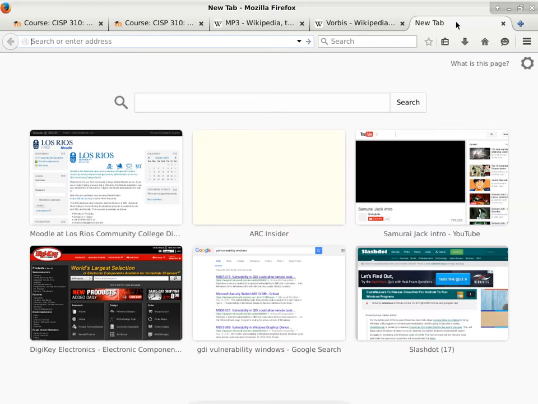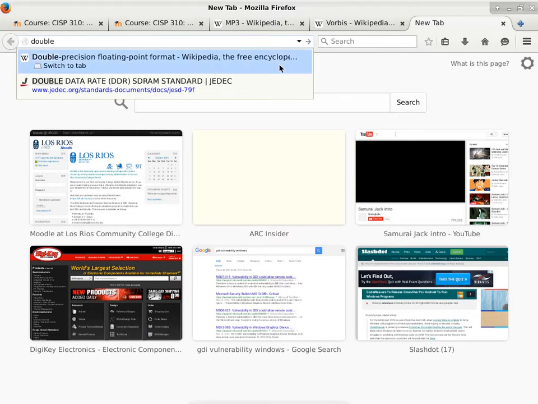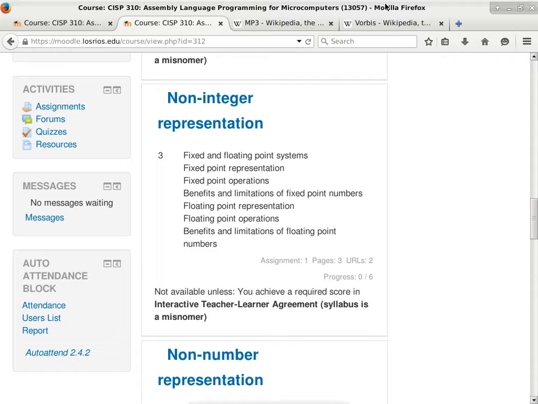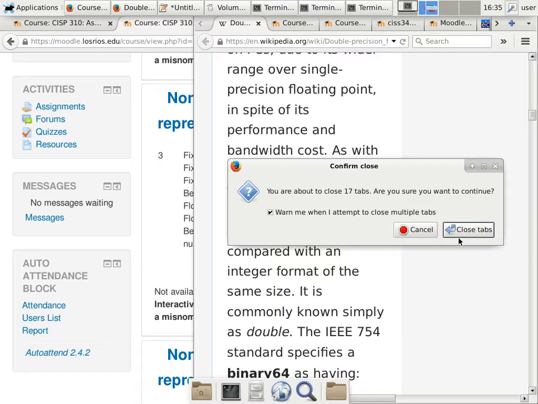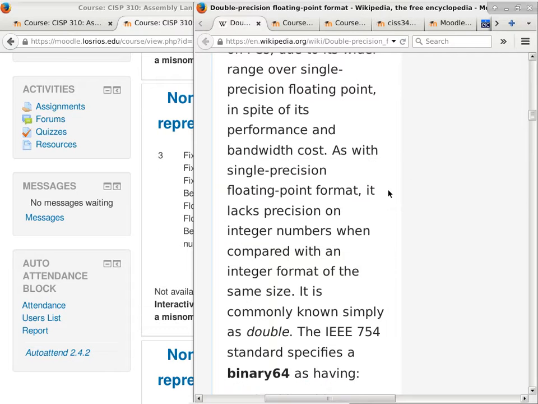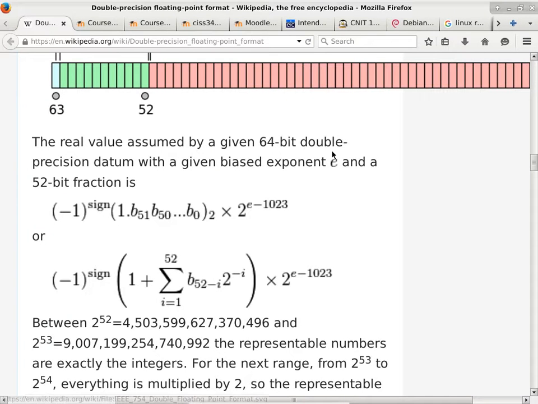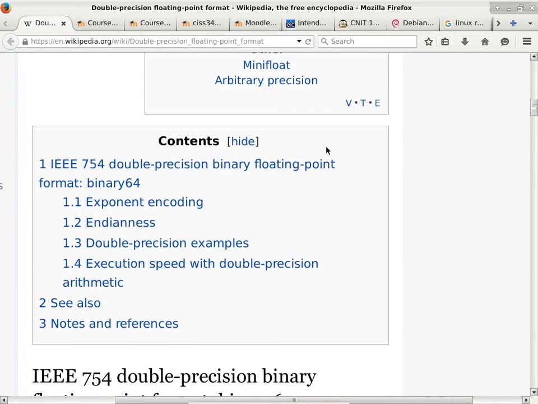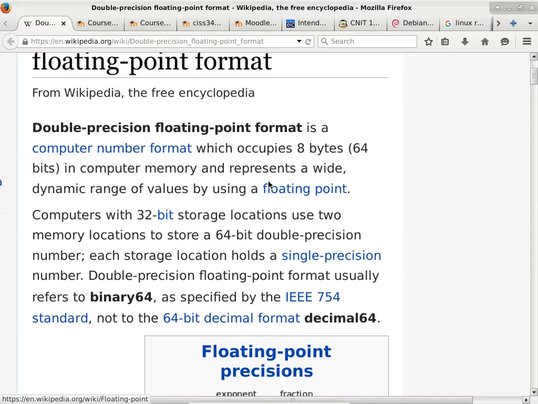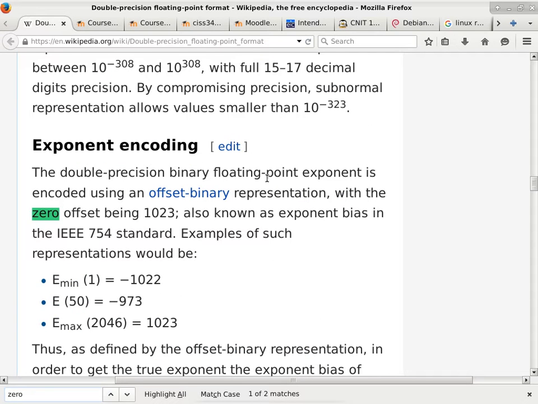So for those of you who are not really sure about that, let me look up the double precision floating point number page. If you look it up, it says endianness. Eventually we will have to deal with endianness, but at this point we don't. Let me see if I can find 0.